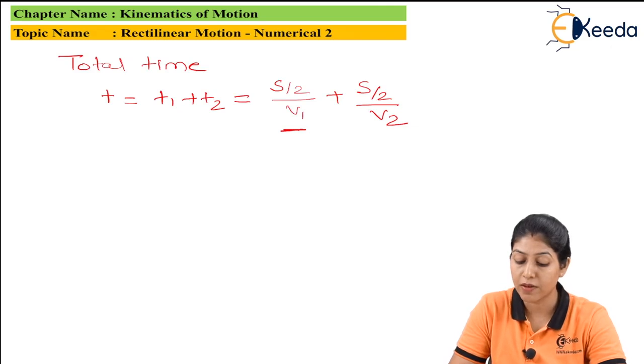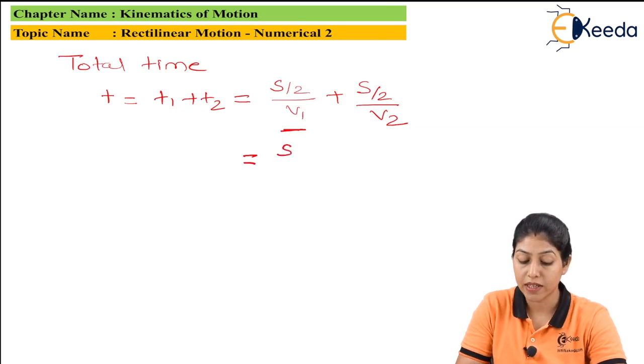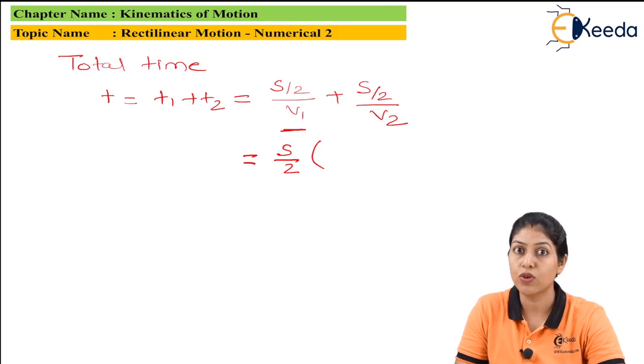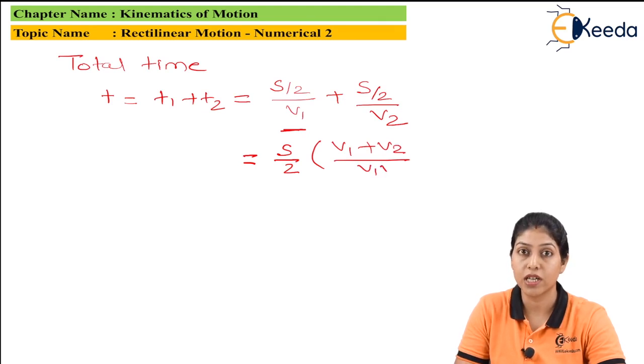With the help of these terms, we can define the total time taken by the car to cover the distance between A and B, and the final equation is T equals S by 2 into V1 plus V2 divided by V1 V2.